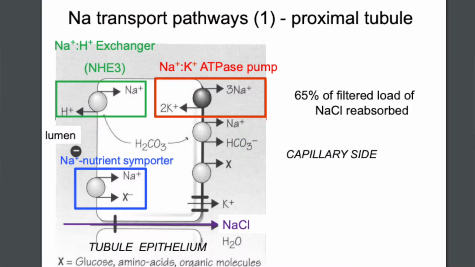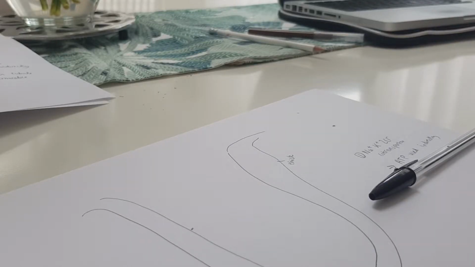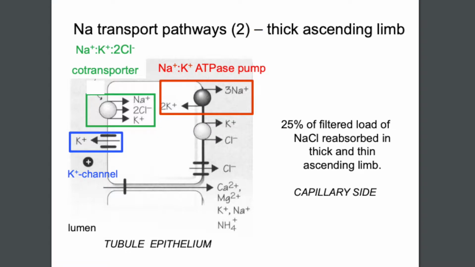As sodium and potassium are pumped out and in, respectively, K plus and chloride then leak out, and they can leak out together via symporter, as shown on the screen. So this is basically how chloride is reabsorbed. It needs to be coupled with K plus, but then the same thing happens in the thick ascending limb.